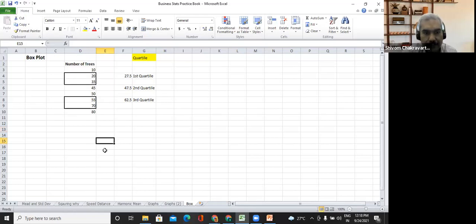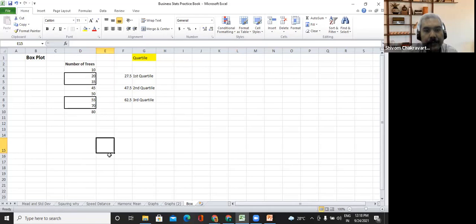So what we do is we have this axis. We are drawing a horizontal box plot, so we will have the values on the x-axis.